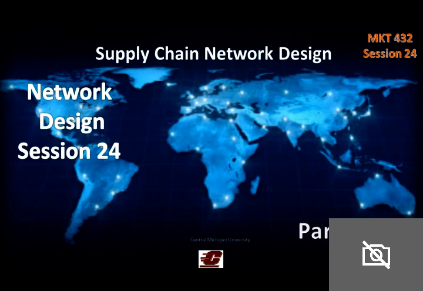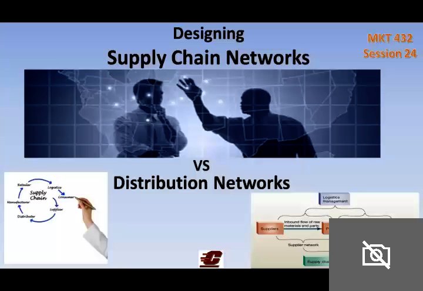This is a two-part series. This will be the first part, and we're going to cover some of the elements that make up supply chain network design. Beyond an uptown, regional, or local view, we're looking at global considerations on a network design.